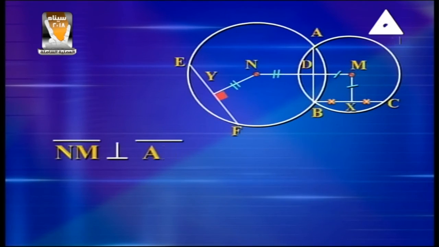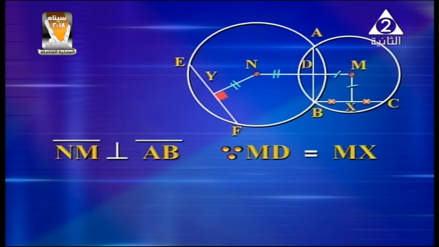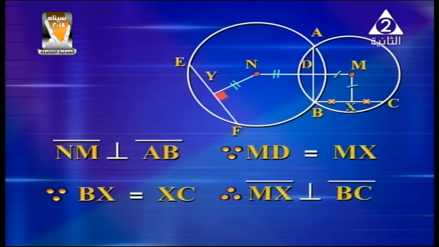So we can say that NM is perpendicular on AB. And since MD equals MX, that's correct, and since BX equals XC, therefore MX is perpendicular on BC.